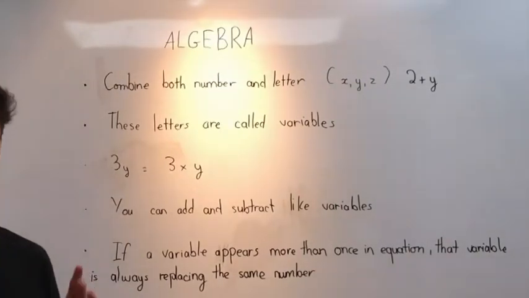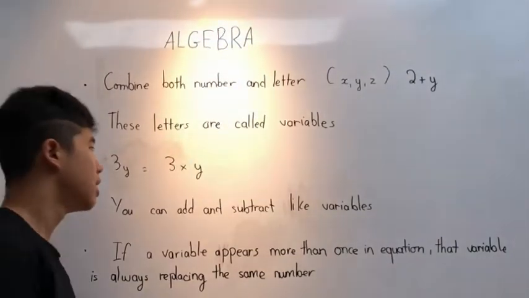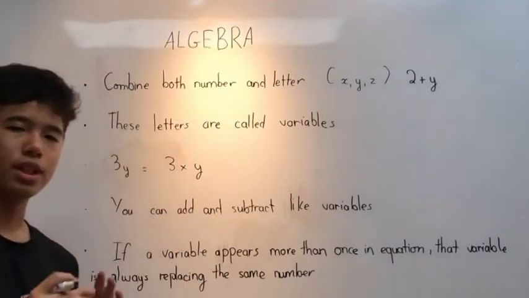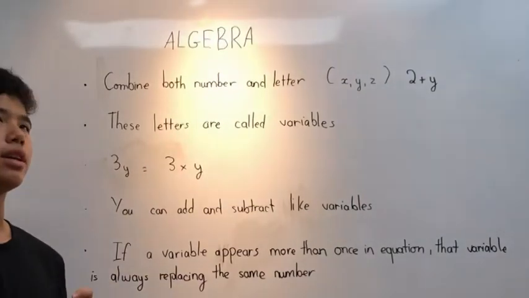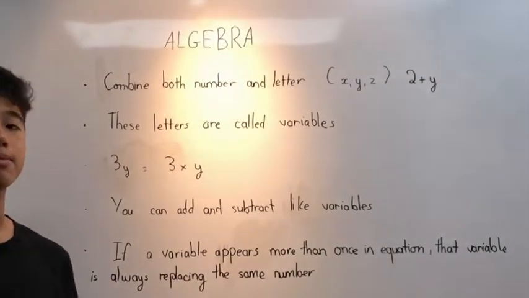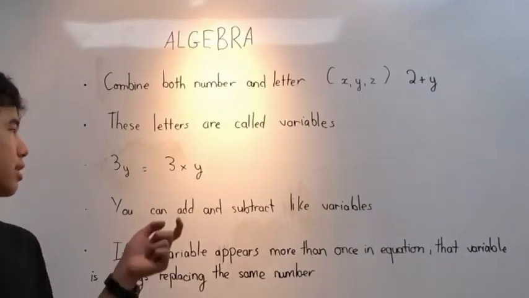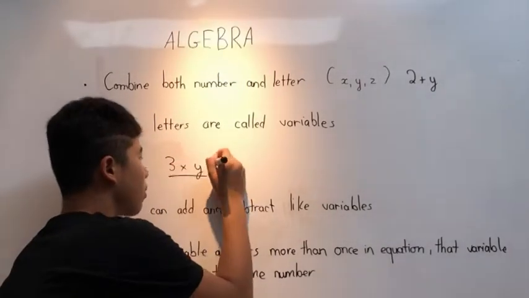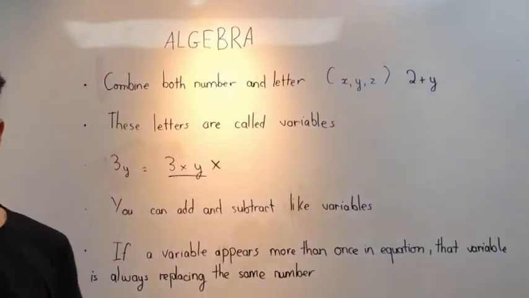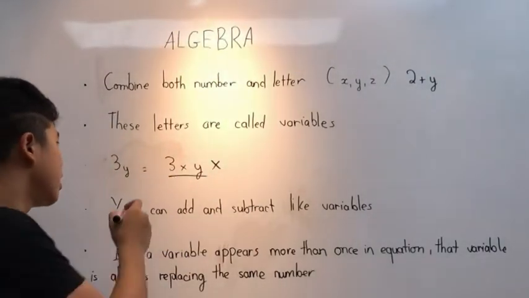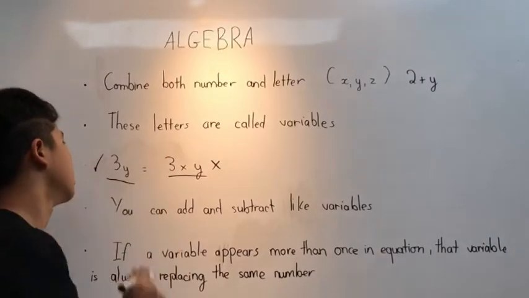If you meet an algebraic equation, you should see that there are no multiplication signs. For example, if you want to say 3 times y, you should not write it like this. This one is wrong. And this one is correct.